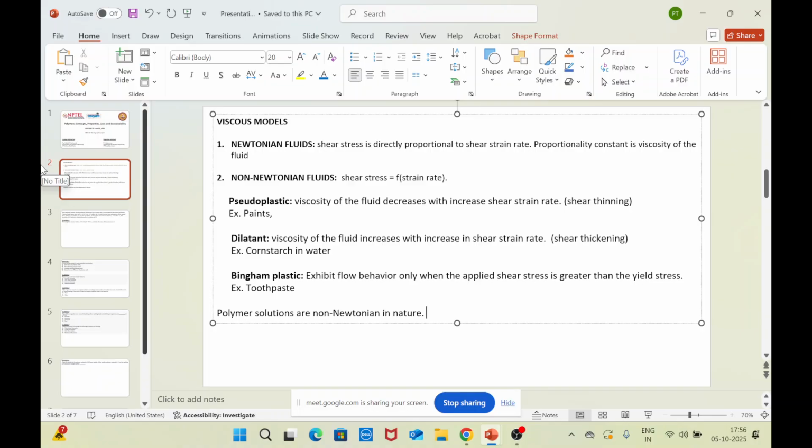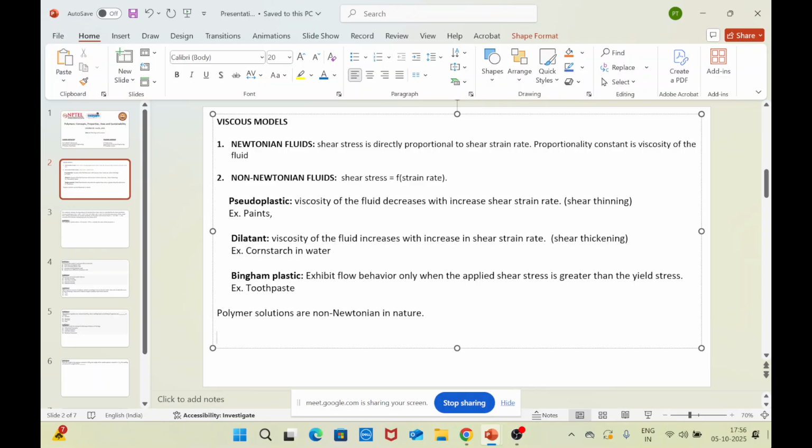So in all these cases of pseudoplastic, dilatant and Bingham plastic, as you see, the viscosity is going to be a function of the shear strain rate. It is not going to remain constant irrespective of what strain rate is applied. As the strain rate changes, the viscosity of the fluids also changes in these cases.